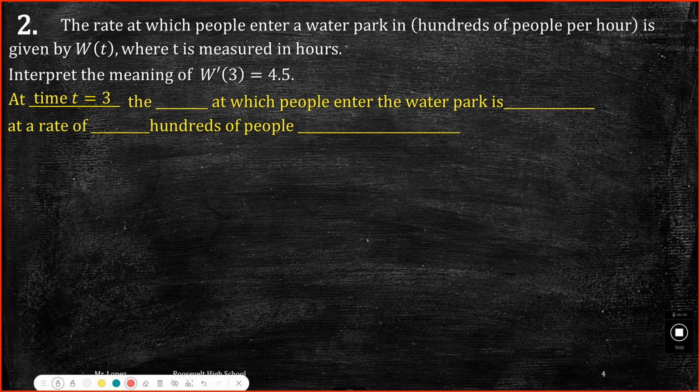The rate at which people enter the water park is what? Increasing. Why is it increasing? It's positive. So this is positive. So it's increasing at a rate of what? 4.5 hundreds of people.